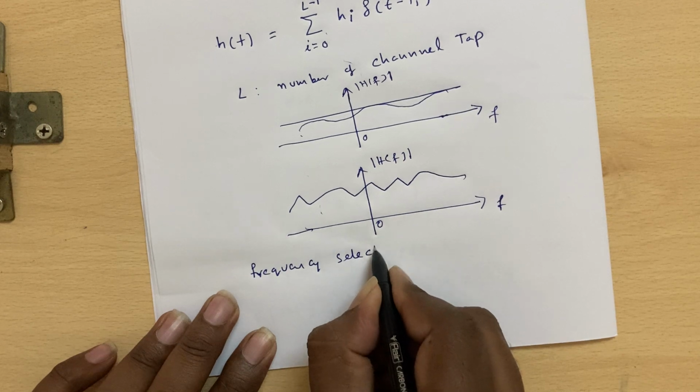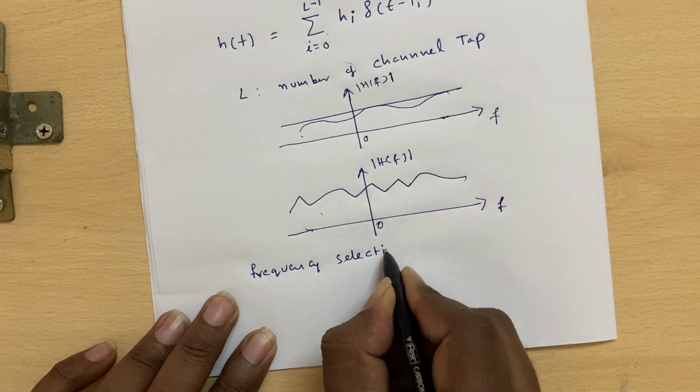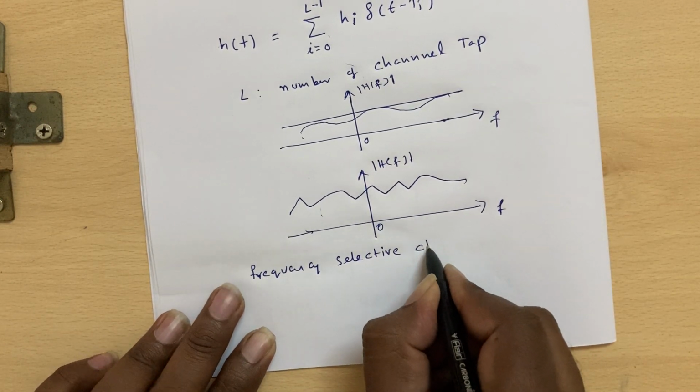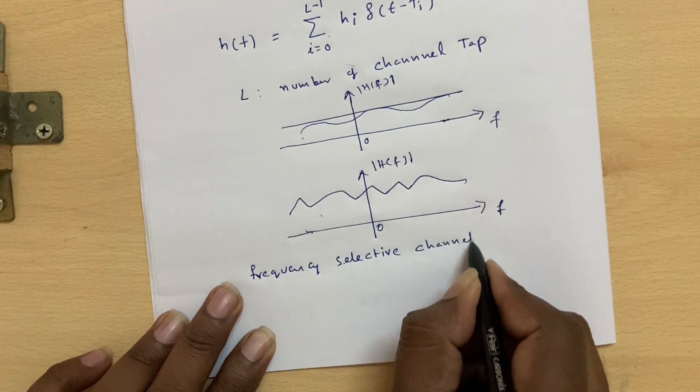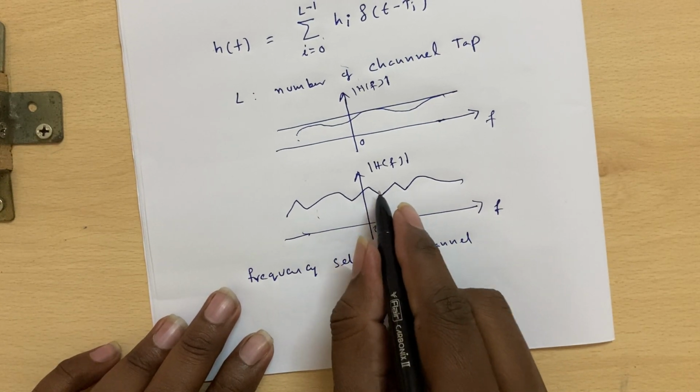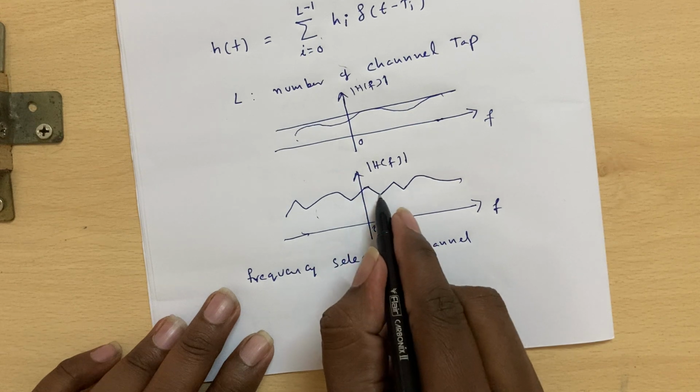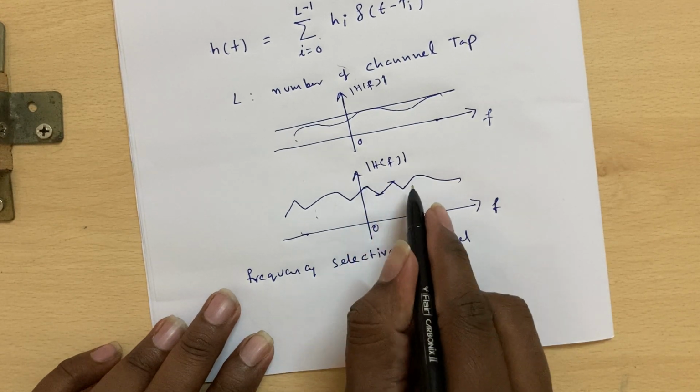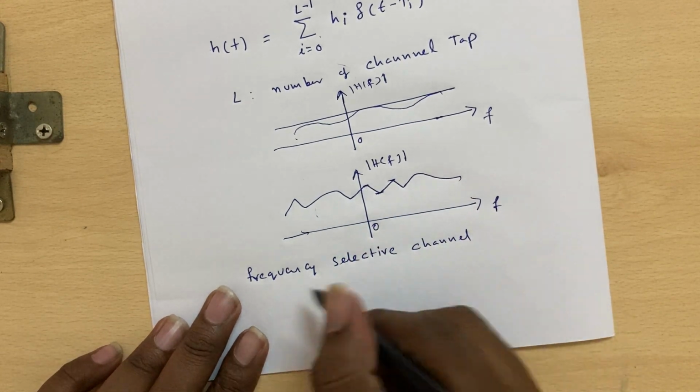So for wideband communication, our wireless channel will be frequency selective, because different frequencies have different channel gains. Here the channel gain is low and here the channel gain is higher, something like that.